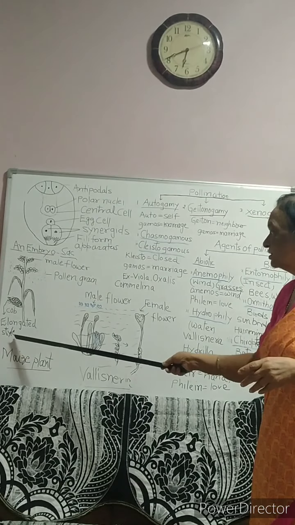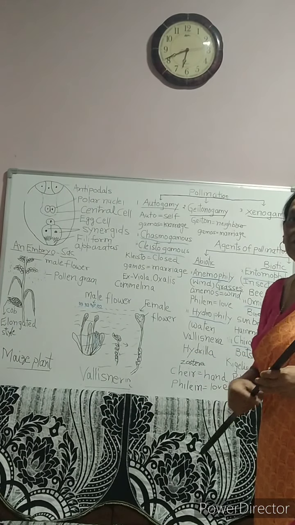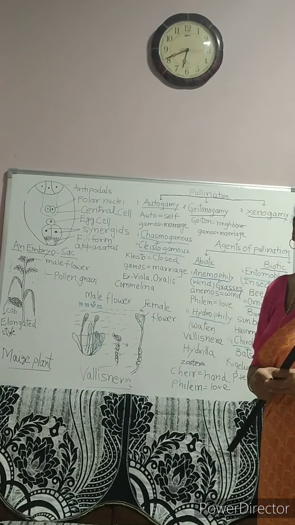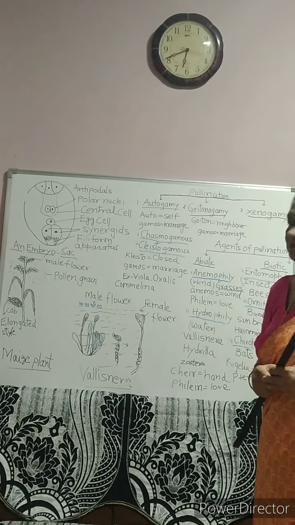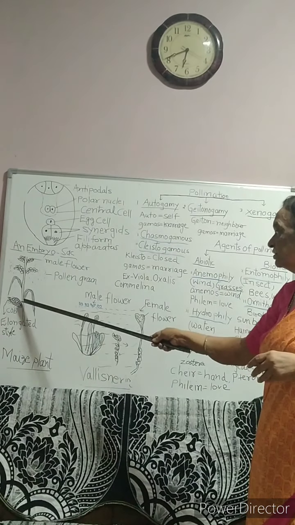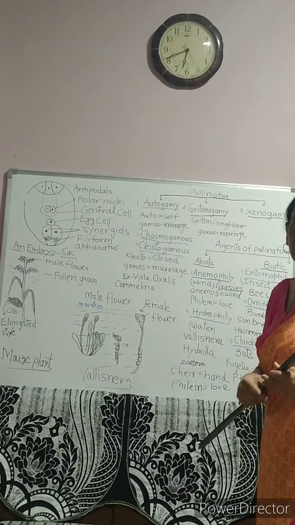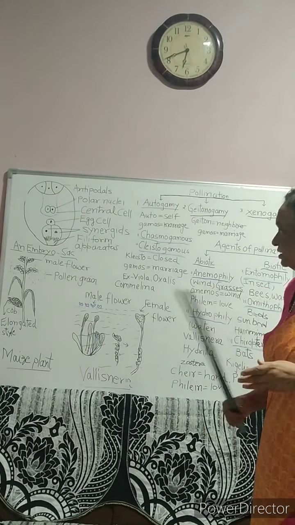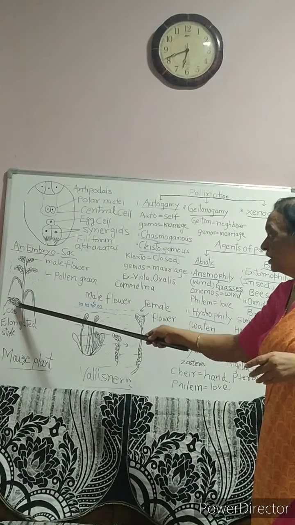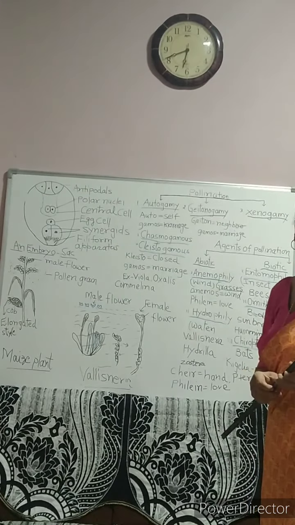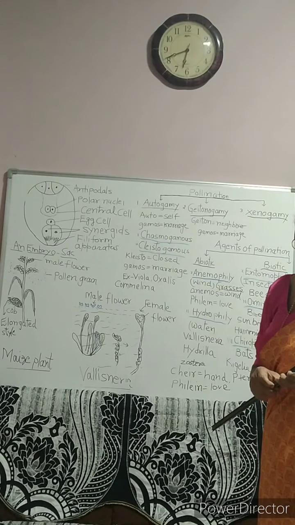This is called the elongated style and it ends with stigma. So the female inflorescence is called cob, and it has silky, long, elongated styles which end with stigma.